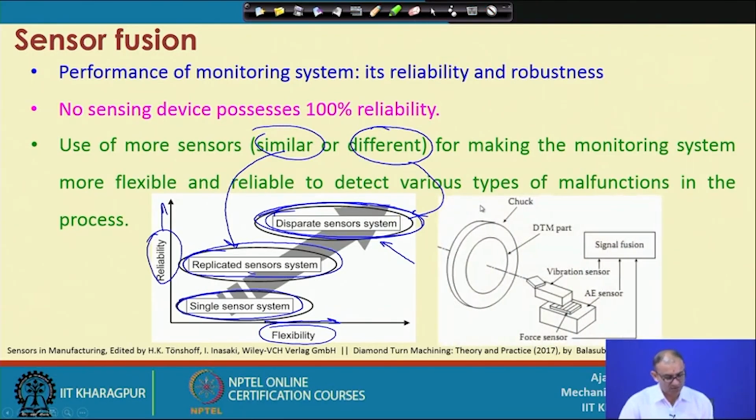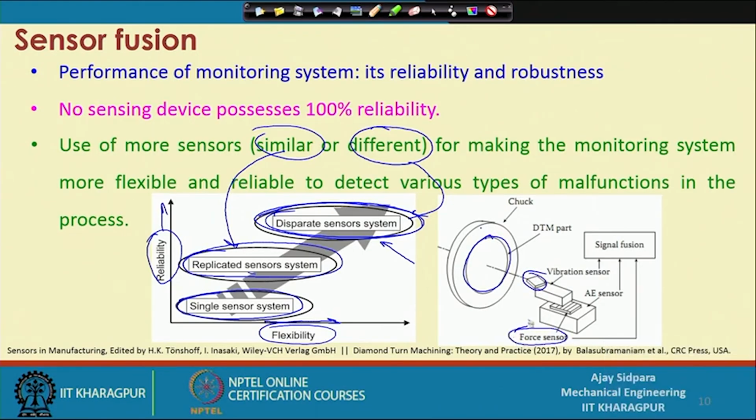Now, this is an example of a diamond turning machining operation. You can see here the machine component, the chuck, and the cutting tool. We are using one force sensor here, which will measure the cutting force. We are also using one vibration sensor, which is also attached to the cutting tool, to measure whether the cutting tool is moving with the predefined depth, or what happens to the cutting tool. Then we are putting one acoustic emission sensor as well.